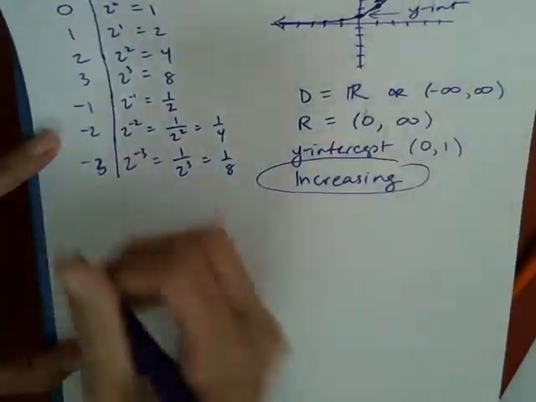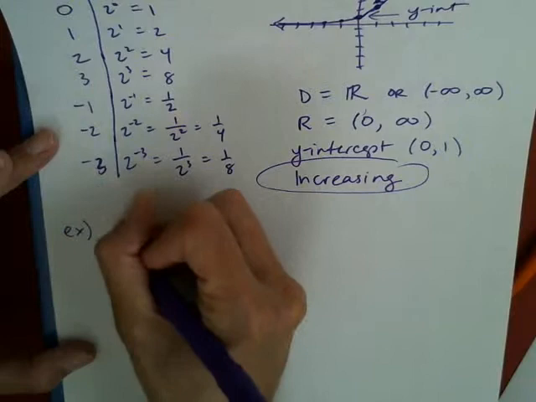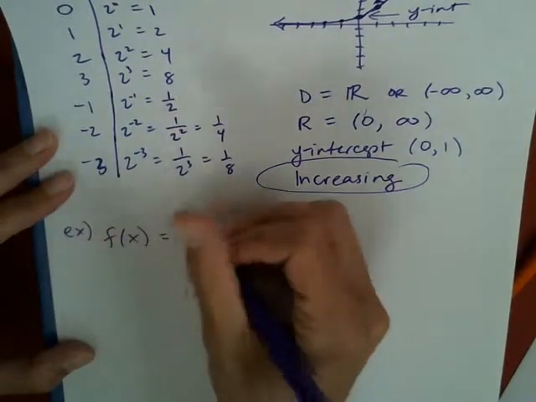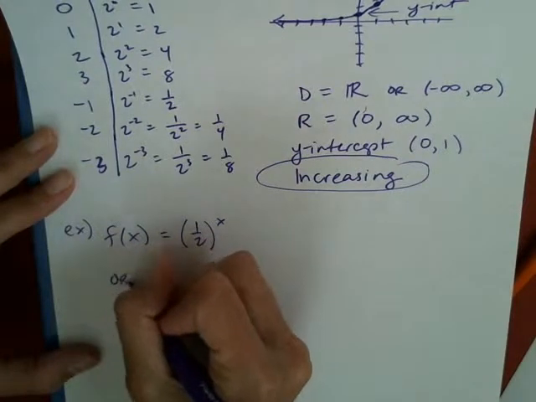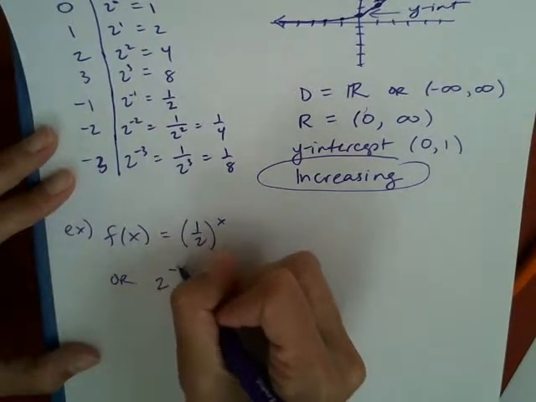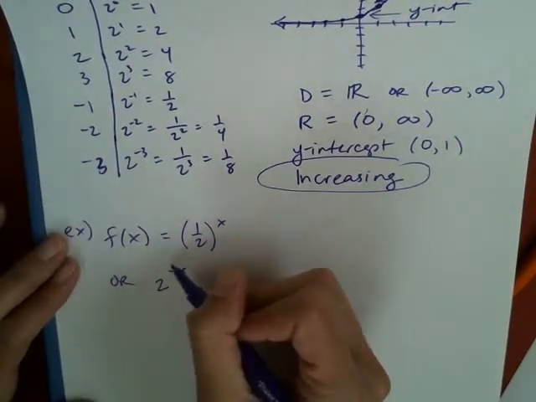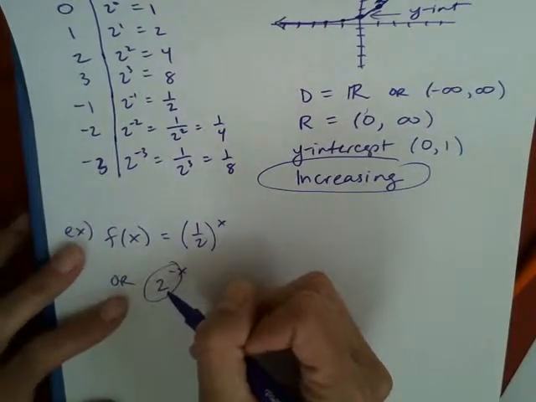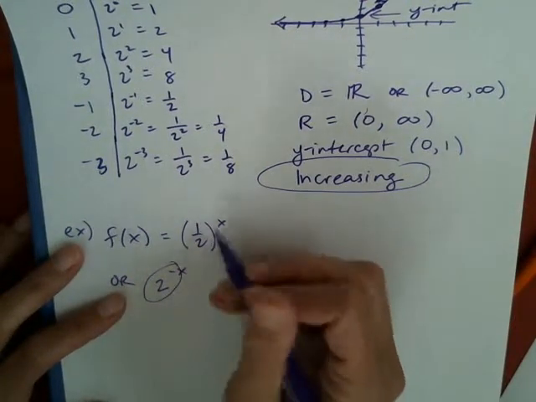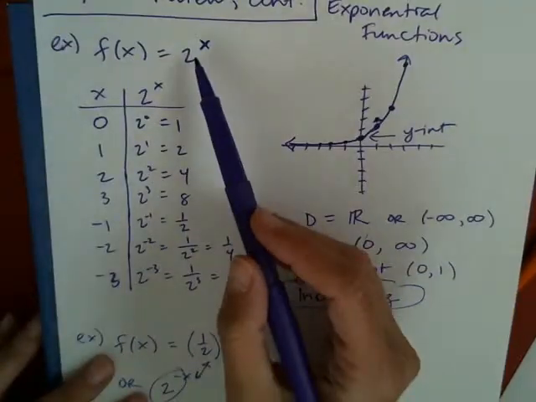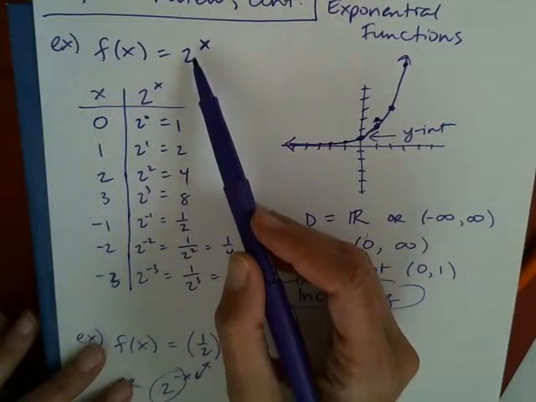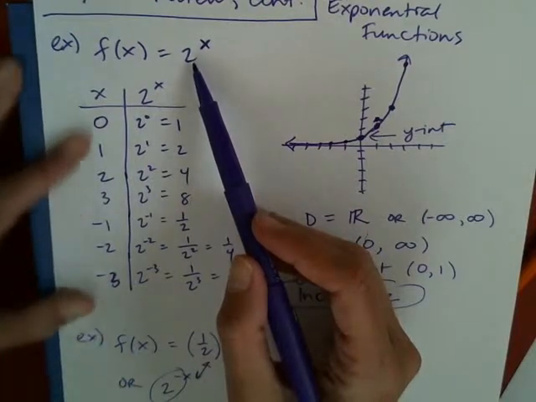If I were to do another example right below it, f of x is equal to 1/2 to the x, or I could write that as 2 to the negative x. Do you see where that negative is? 2 to the negative 1 is 1/2, so these are one and the same. Well, this one, my base is not a positive whole number.